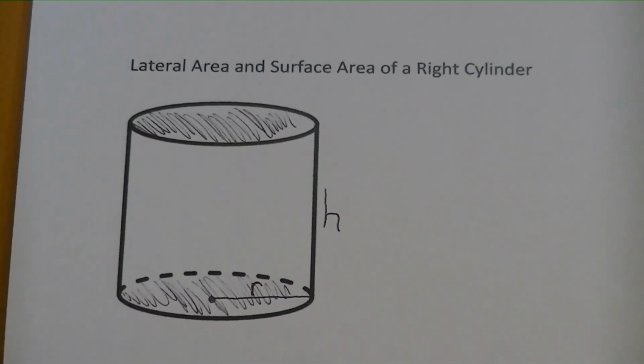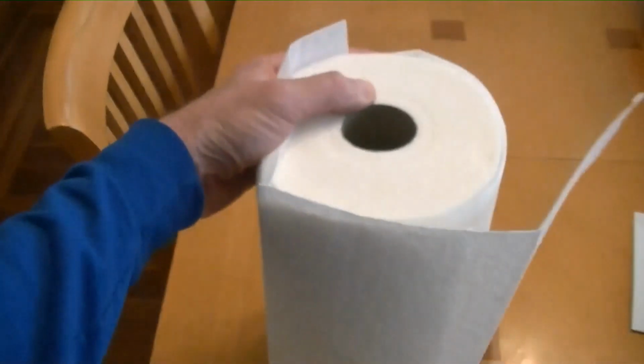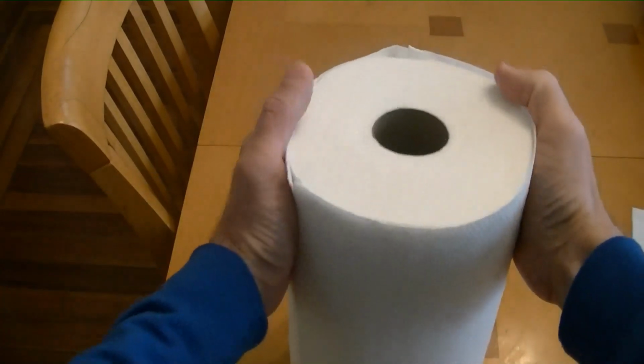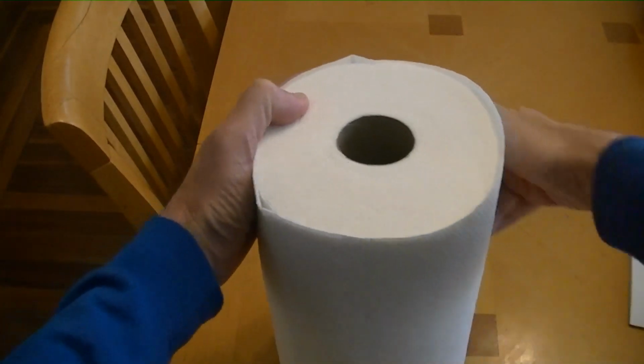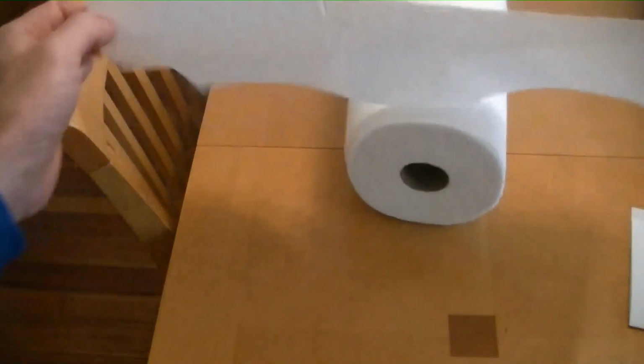So here's the deal. The part going around a cylinder. So this part going around the cylinder, when unfolded, is just a rectangle.